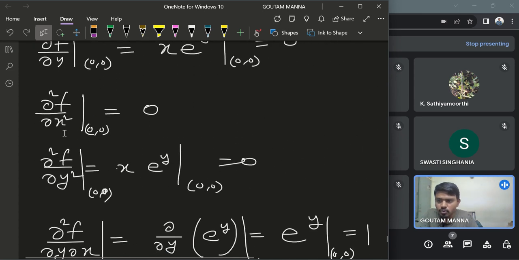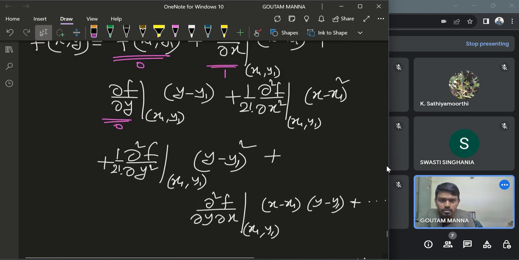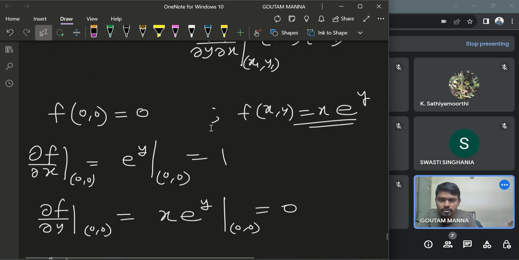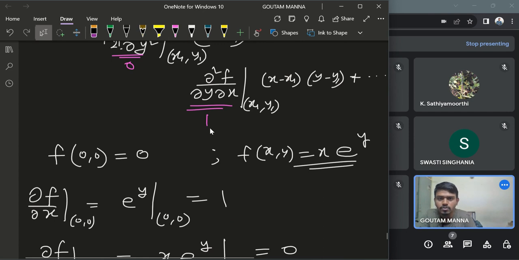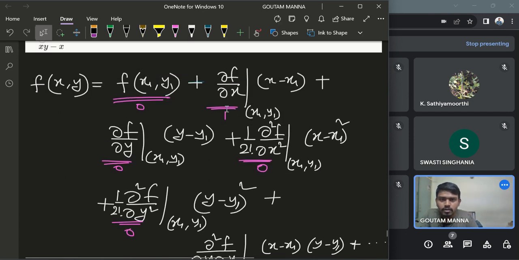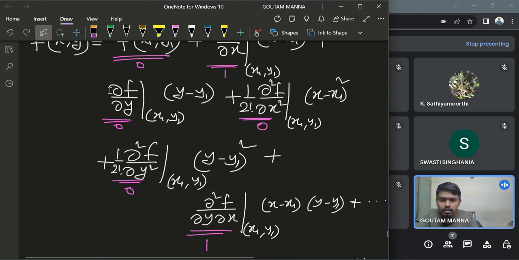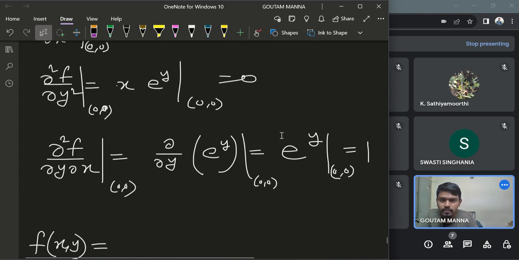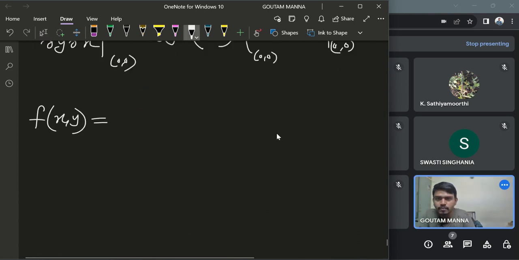Then del 2f del x2 is 0, del 2f del y2 is also 0, so these terms are 0. And the last term, del 2f del y del x, is 1. So it will be 1 times x minus 0, that is x, and the last term will be 1 times x minus 0 times y minus 0, that is xy. So it will be x plus xy.